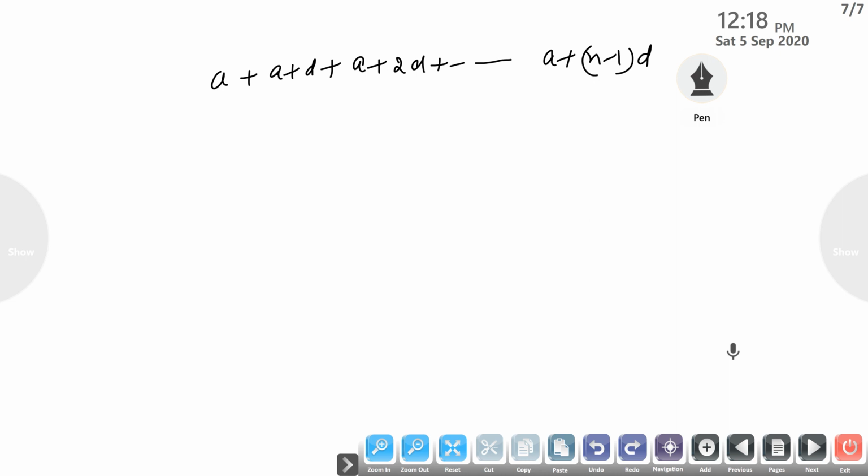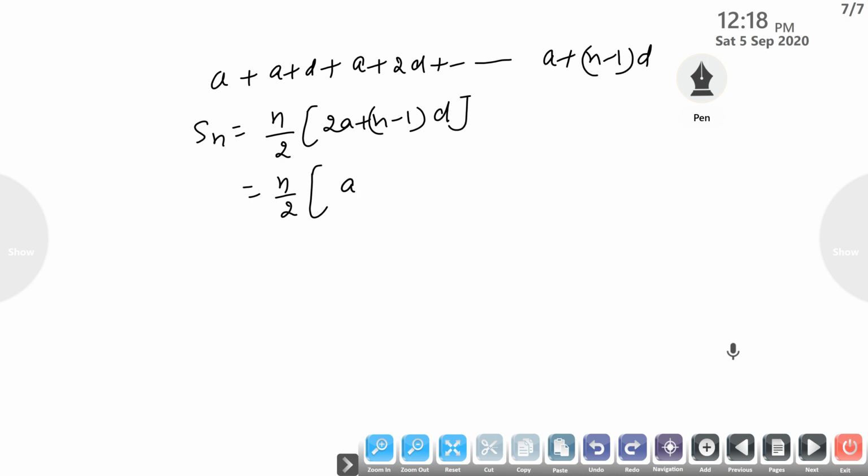In 10th class we studied the formula of its summation: Sn equal to n by 2 into (2a plus (n minus 1) into d), or Sn equal to n by 2 into (a plus (a plus (n minus 1) into d)), where a plus (n minus 1) into d is the last term of the sequence.